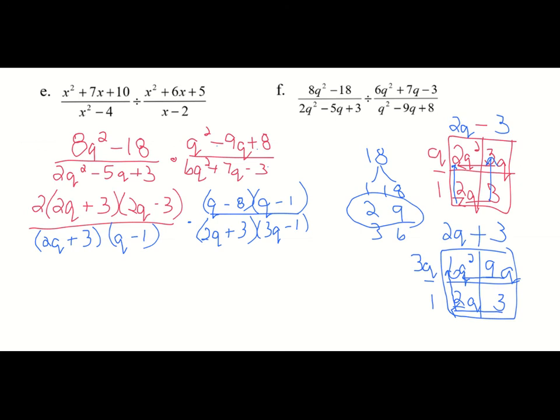All right, so now we can look for common factors we can factor out. I see right away 2q plus 3. I have 1 here and 1 here, so I can get rid of those. I have a q minus 1 and a q minus 1 that I can get rid of. And then, let me see here.